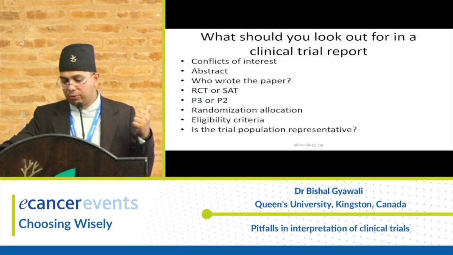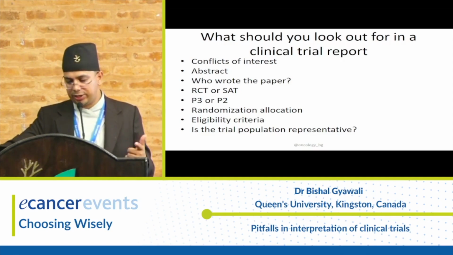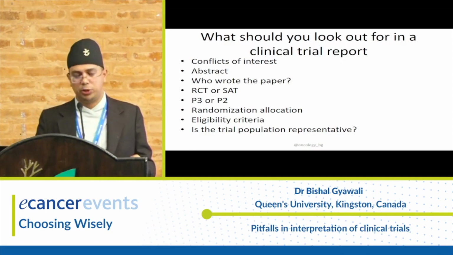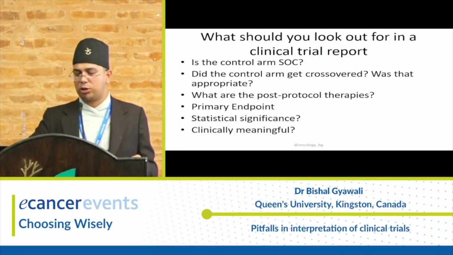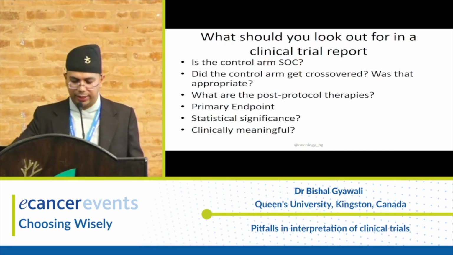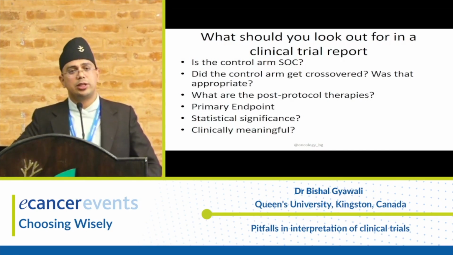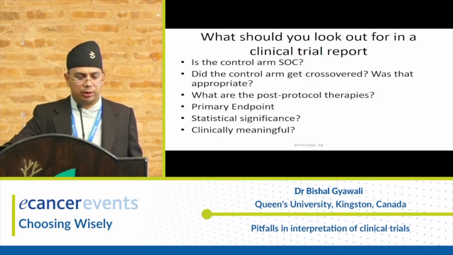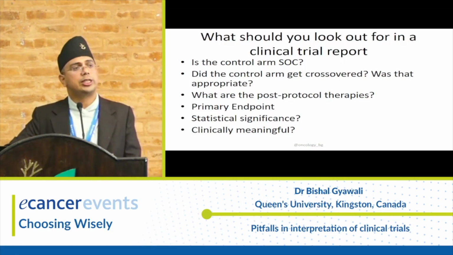But more importantly, what are the eligibility criteria? Is the trial population representative of your patient population? Is the control arm appropriate? Is it the standard of care? Did the control arm get crossover? Again, crossover is another topic that we have to cover later. And post-protocol therapies, this is an important thing. After the trial was complete, what did the patients get after the trial was over?